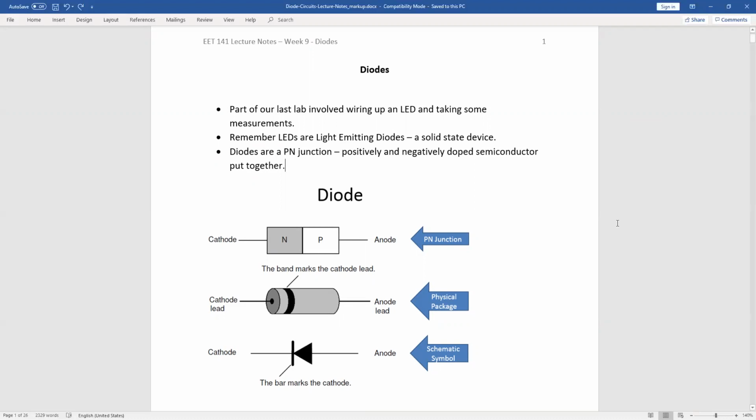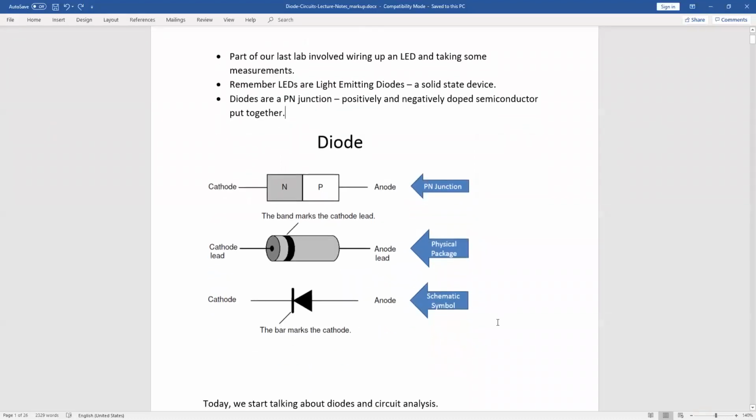So hopefully you remember this diagram, which shows different ways that we can show a diode. We have it shown as a p-n junction: some p-type semiconductor material, some n-type semiconductor material, and then interesting things happening at this junction right here. We can have current flow through in one direction, but not in the other direction. So a diode acts like a one-way valve for current flow.